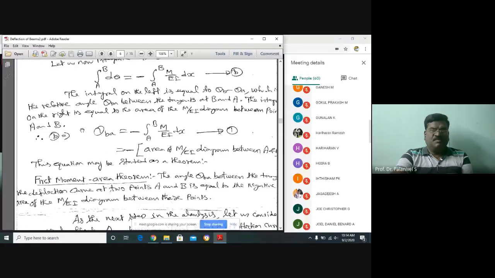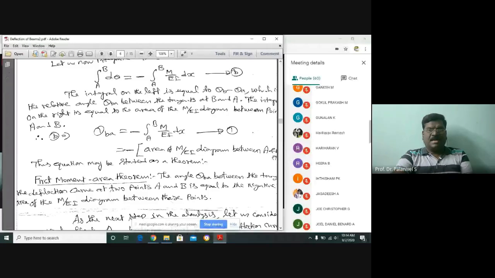Therefore theta BA is equal to minus the integral from A to B of M by EI dx, which is nothing but minus the area of the M by EI diagram between A and B. This is the relative angle of rotation between the tangents, theta BA.